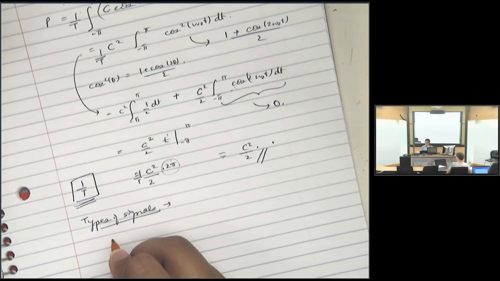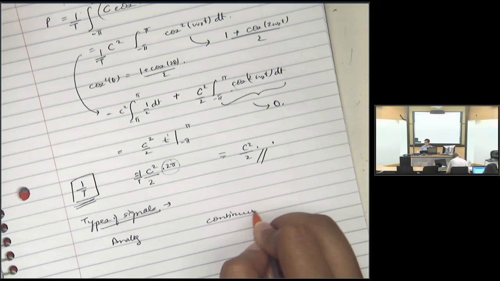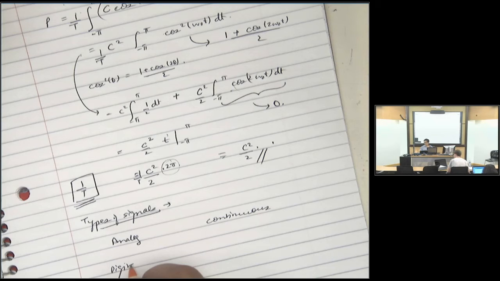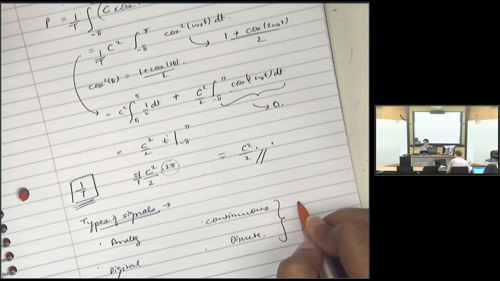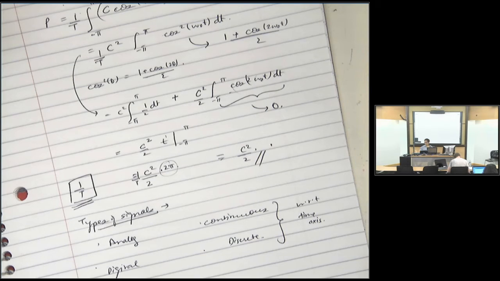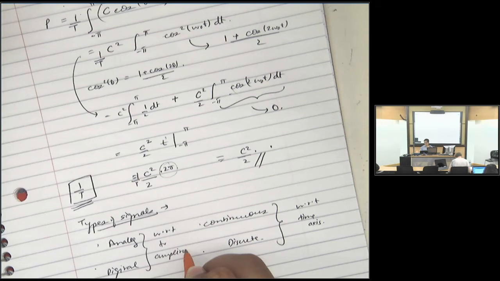So we have analog, there's continuous, there's digital, and there's discrete. Okay? All 4 of these have their own meaning. Continuous and discrete are with respect to your time axis. Analog and digital are with respect to your amplitude or the function value.